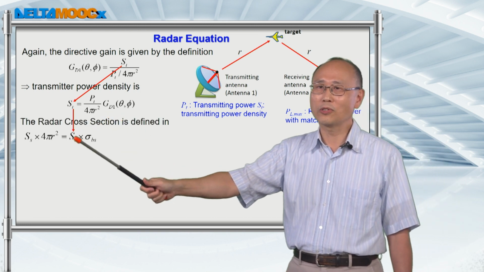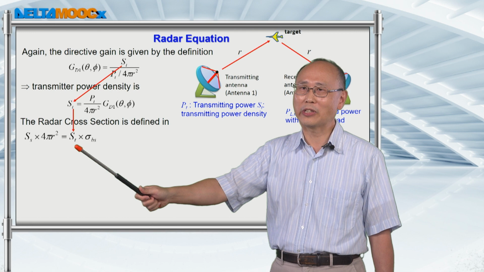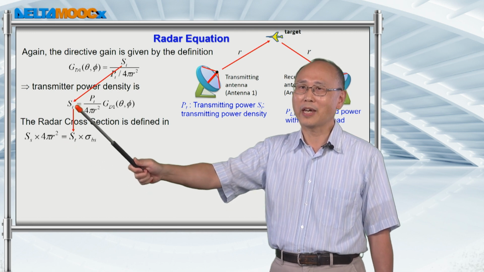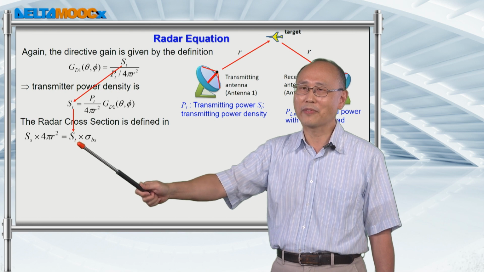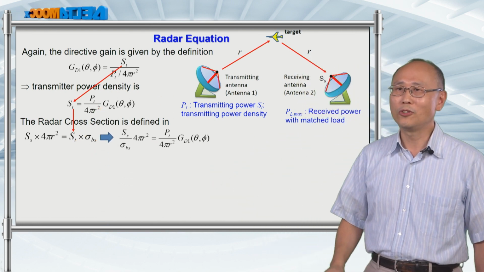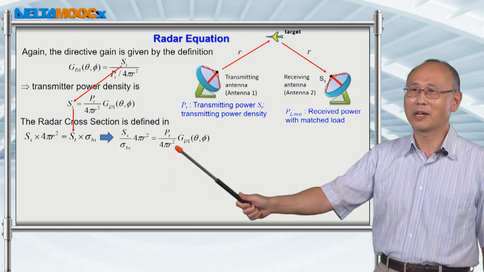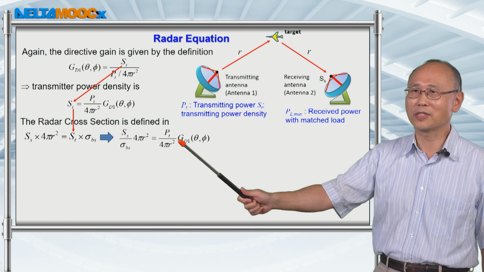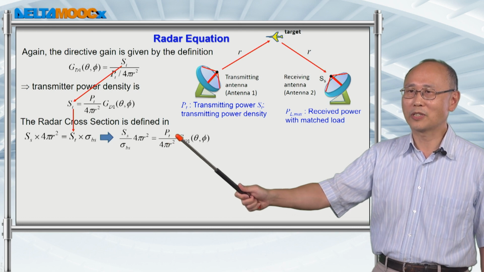And from the definition of the radar cross-section, you can also write down this expression. You see that there's an S_T here, and you have S_T here also. So just put this into this expression, and you'll arrive at this expression. You start to see that your transmitter power is on the right-hand side.